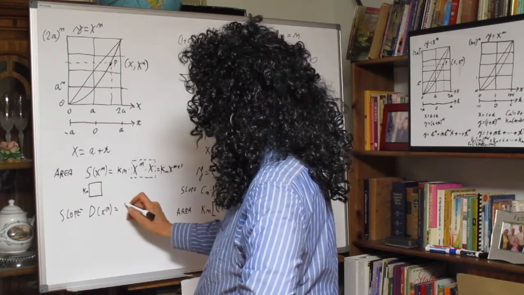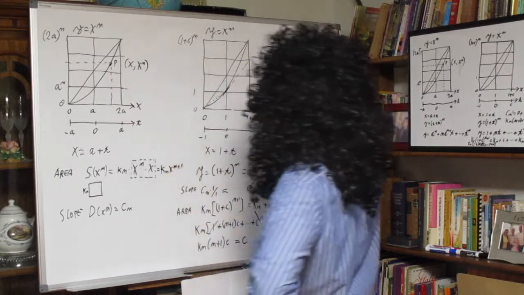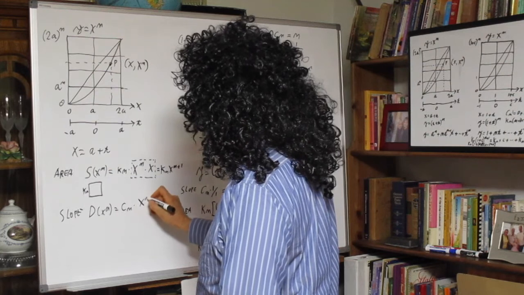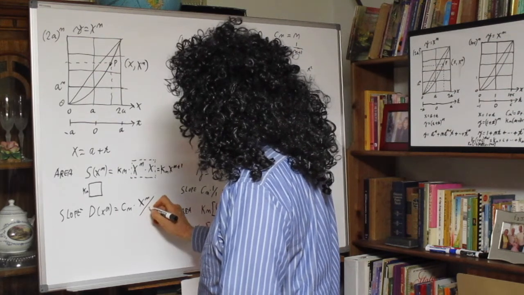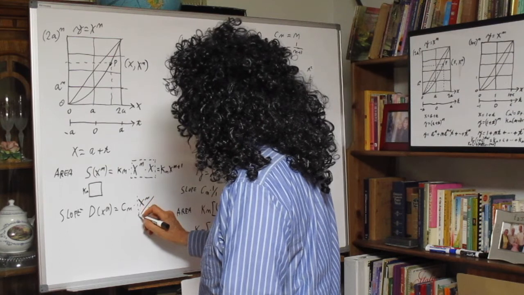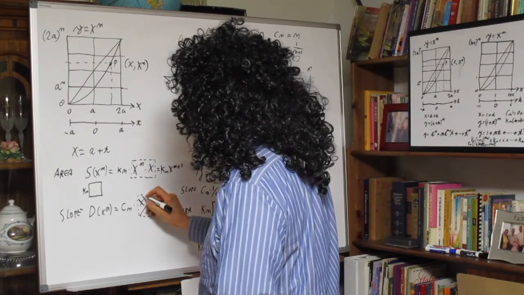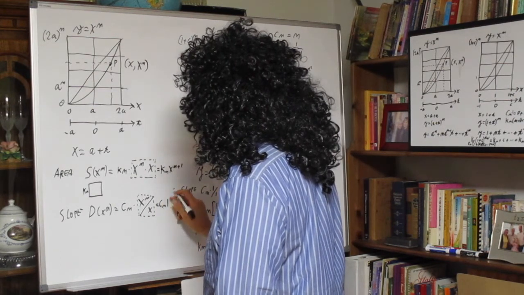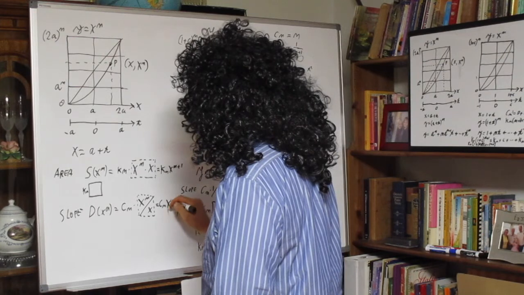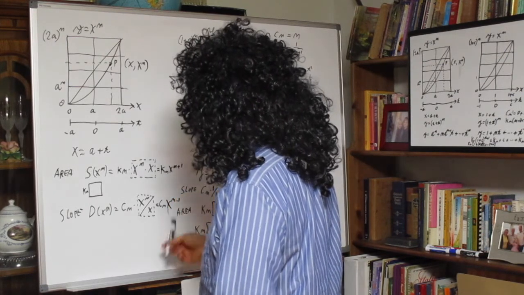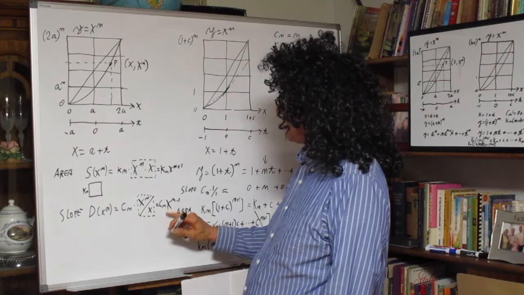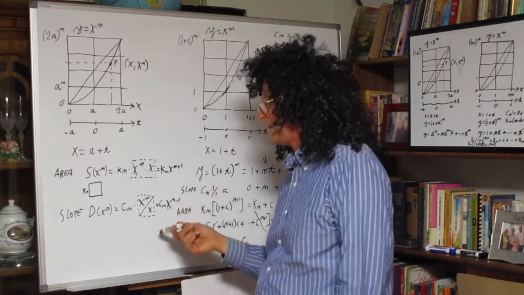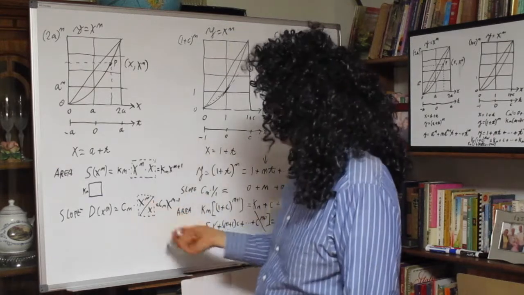Well, that equals C sub n, this thing here, times x to the n divided by x. And that equals C sub n x to the n minus 1, lowered by 1 degree. And that's our basic notation that we use.